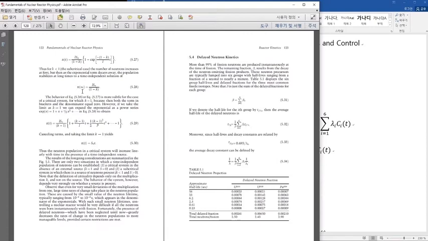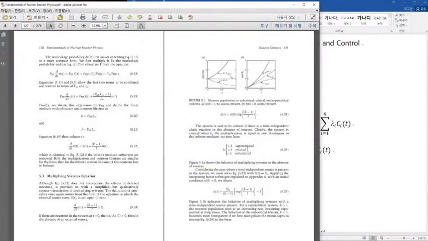So there are two cases. The first one is in our previous section. If we do not have any external source, then if k equals 1, we are going to have a steady-state solution for neutron density. If we have external source, then this is the case.